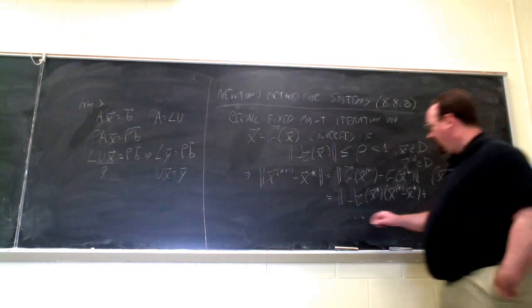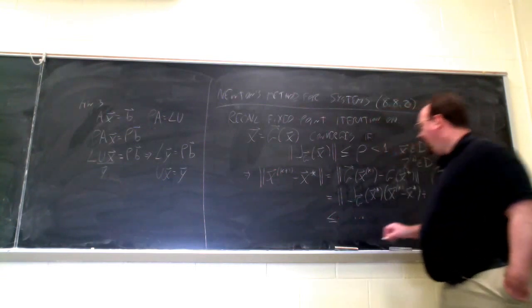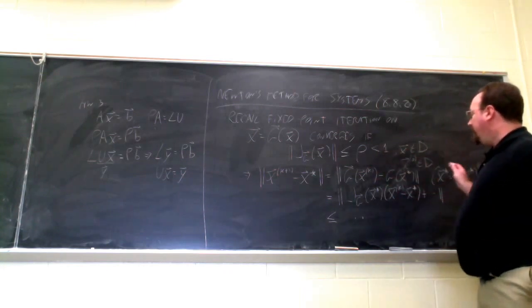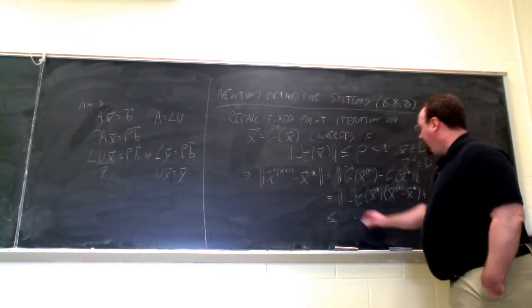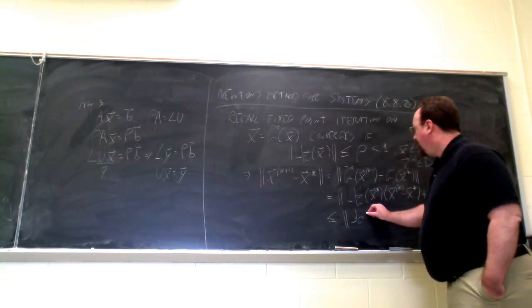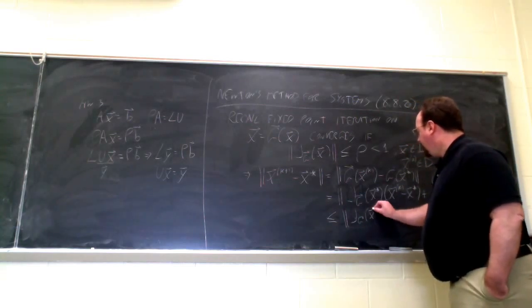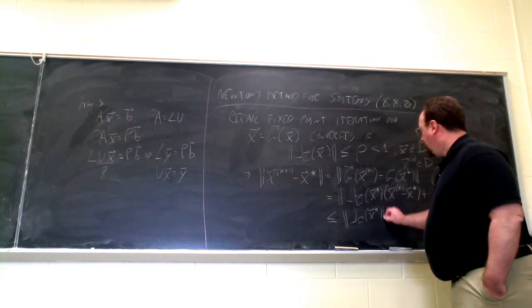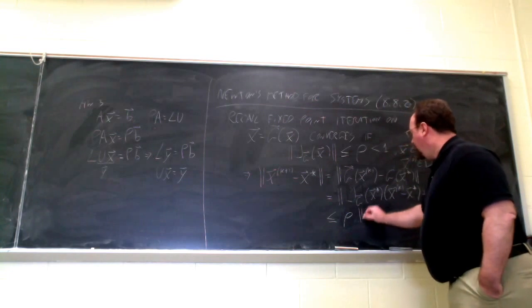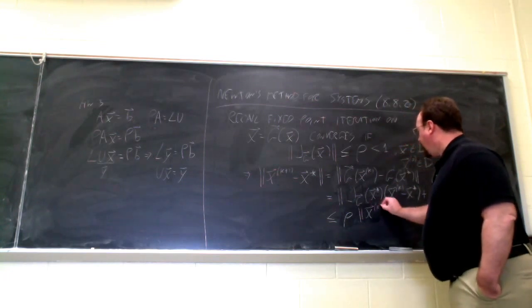I won't get into details, but this Jacobian matrix is bounded in norm by rho on this entire domain D, so the error after k plus 1 iterations is bounded by rho times the error after k iterations.